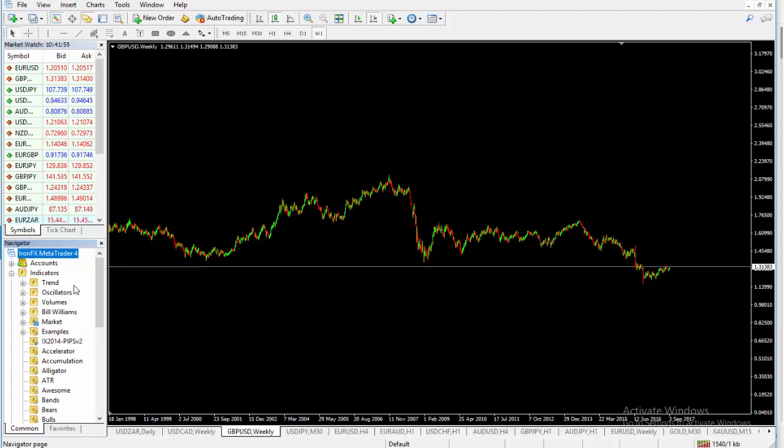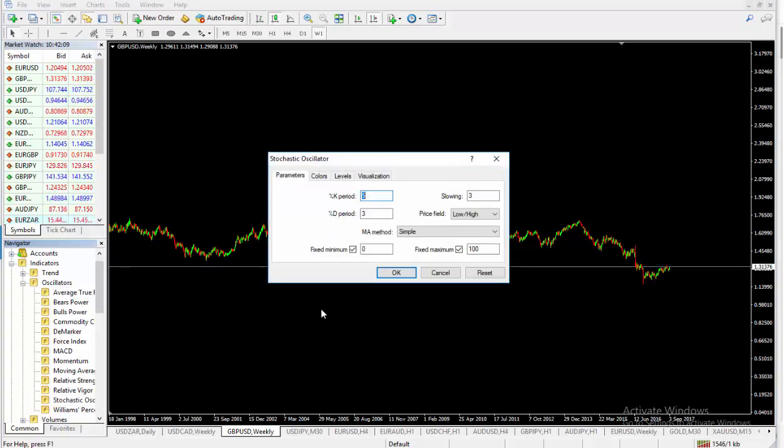With that being said, let me put in the oscillator, the stochastic. You find it under oscillators, go to stochastic, double click on it, and these are just the settings that come with it. This is actually for basics.